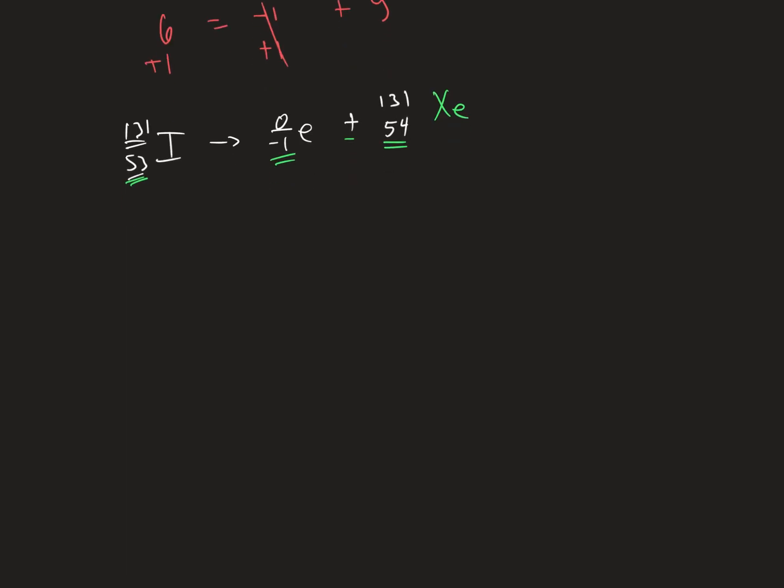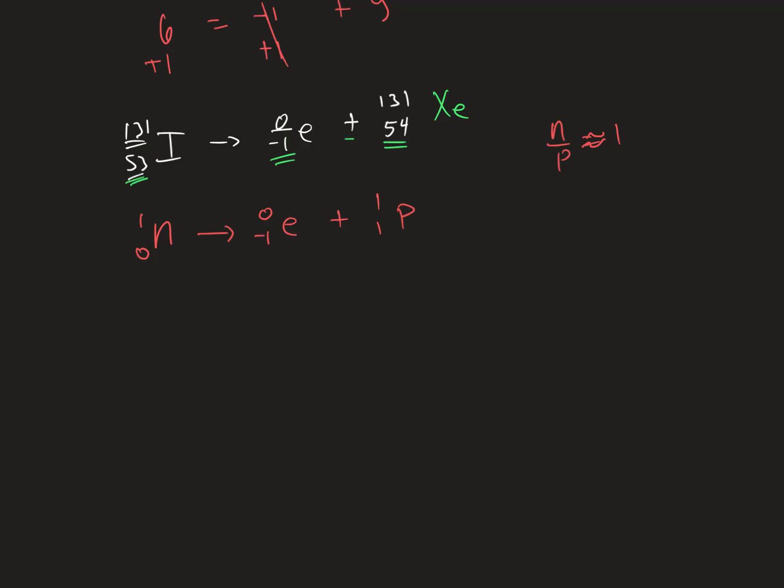Here's what's going on. We have a neutron. Neutron has a mass of 1, charge of 0. It gets rid of a beta particle and turns into what? A proton. So our neutron to proton ratio needs to be close to 1, right?